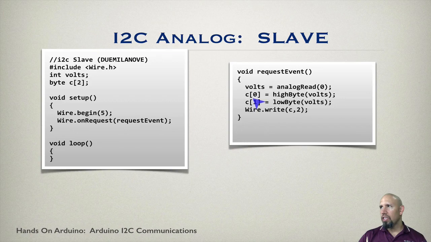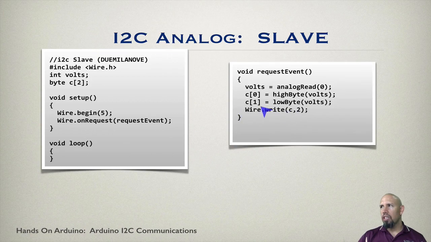C0 is going to be the high byte, C1 is going to be the low byte, and then I'm going to do a Wire.write of c. When you do a Wire.write and you write data, it's going to assume an array, and this value here, 2, tells you how many elements in that array are getting sent. That's how the Wire.write works.